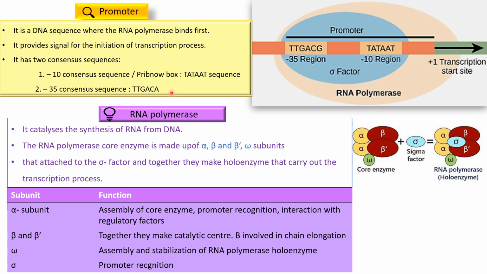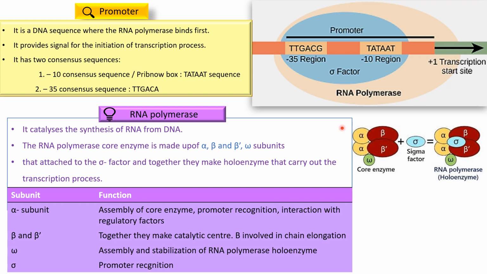Okay, so the promoter region is where the RNA polymerase binds initially, and now let's talk about the RNA polymerase enzyme. It is a DNA dependent enzyme that catalyzes the synthesis of RNA from DNA. Actually, the RNA polymerase holoenzyme is composed of two components: the RNA polymerase core enzyme and the sigma factor.